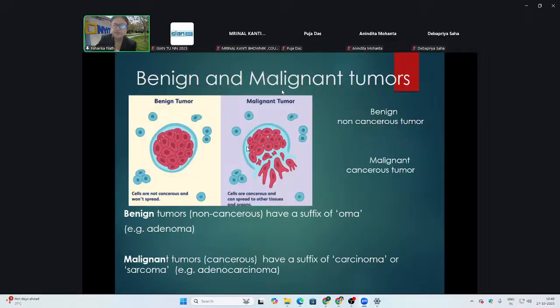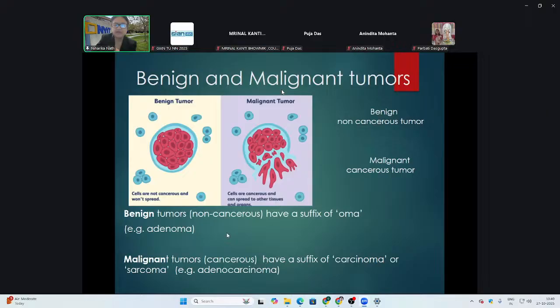It is able to make certain conditions and break through the membrane, and that is cancerous. So a malignant tumor is cancerous. Anything that's benign might be a tumor, but it may not necessarily be cancerous. If it is benign, then it will have the suffix oma, so adenoma.